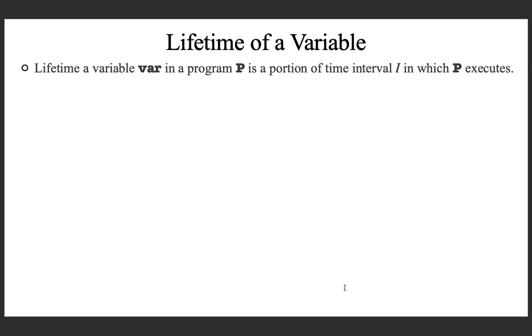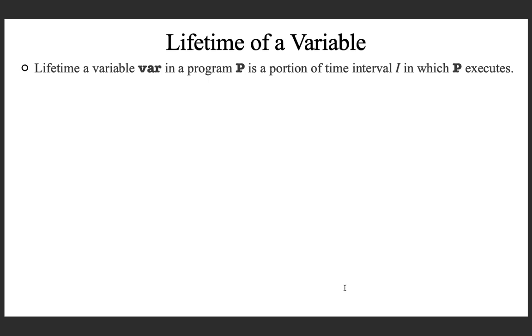That means, suppose your program P starts execution at a time point M and later finishes its execution at time point N. That means the program starts executing at time instant M and it goes till time instant N. So from M to N in the timeline the program is executing.